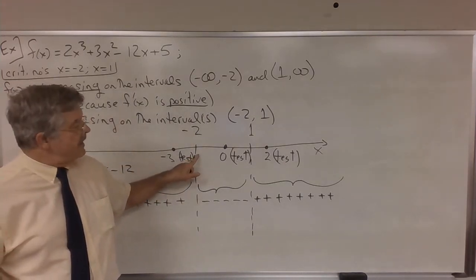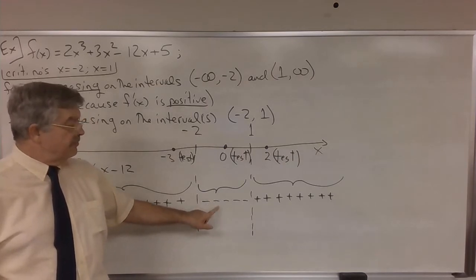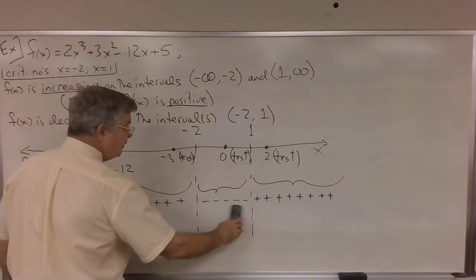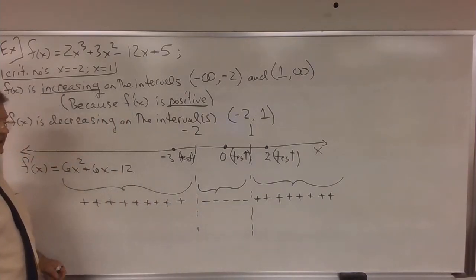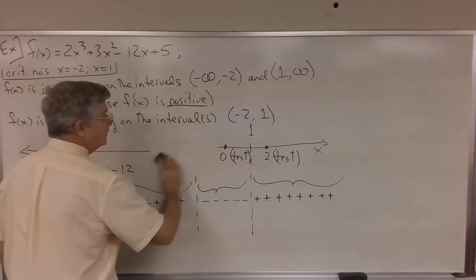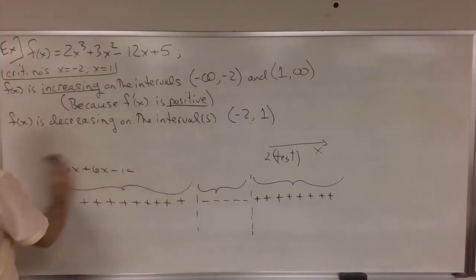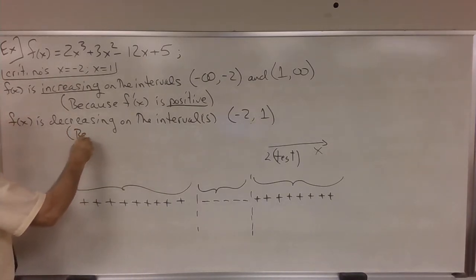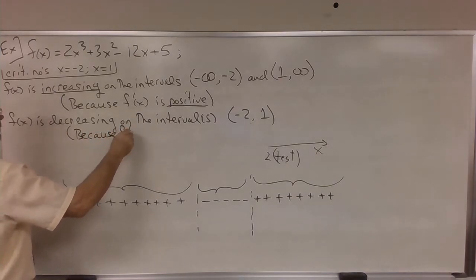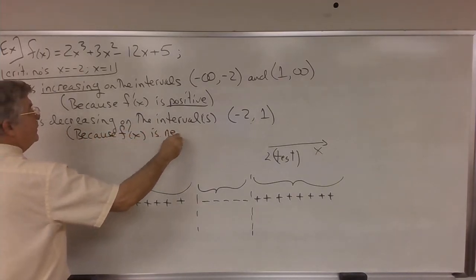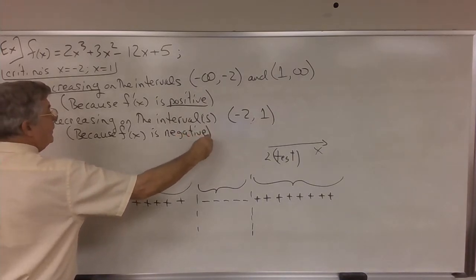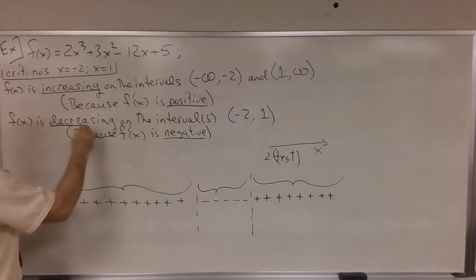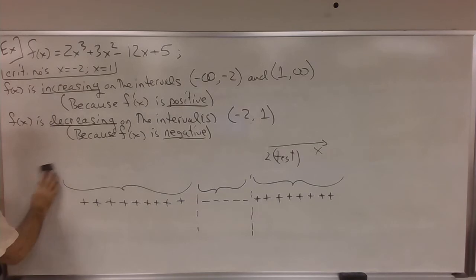Because between x equal negative 2 and positive 1, the derivative is negative. And this is the only interval over the x-axis for which the derivative is negative. So I'll write that information down, and I'll give my explanation. I know that f of x is decreasing because on that interval, the derivative is negative.